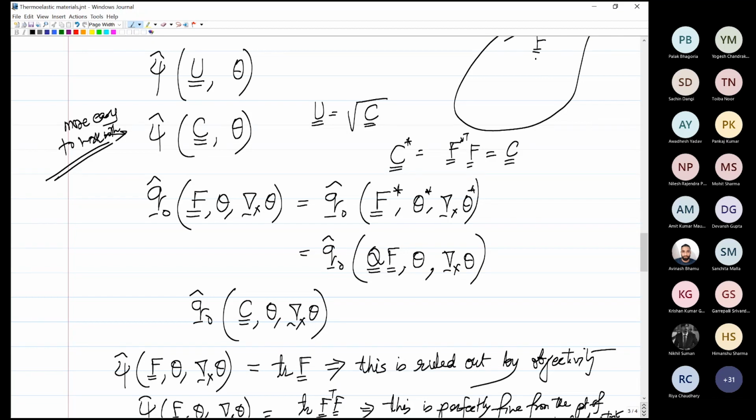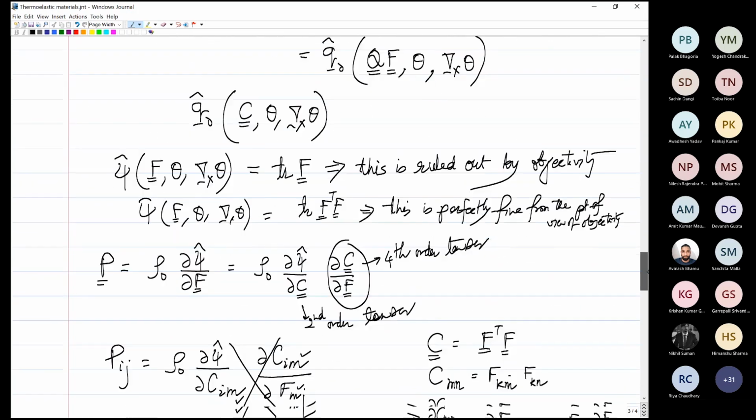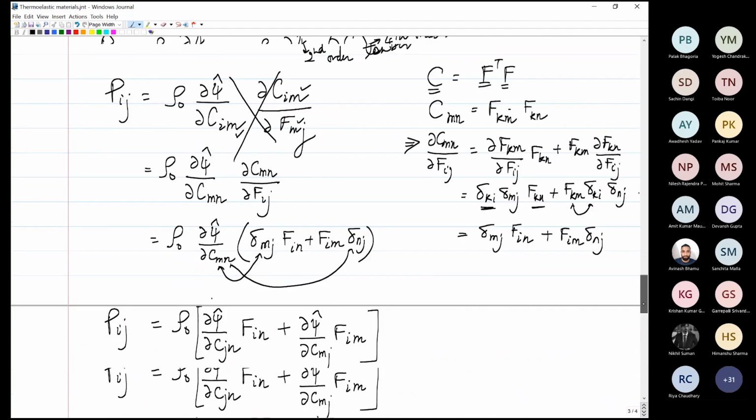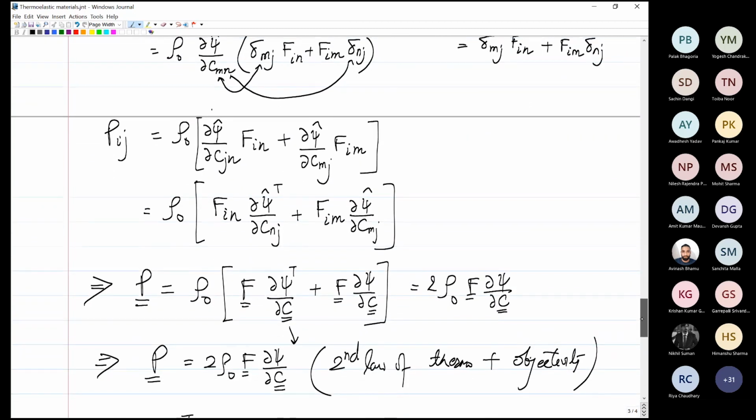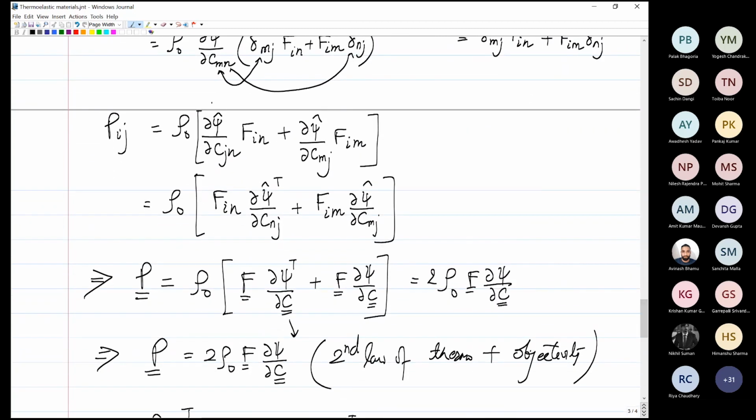Sir, there should be one transpose on FIM when we bring it from right to left. Oh, you think so? In the last term of Pij. You mean here?